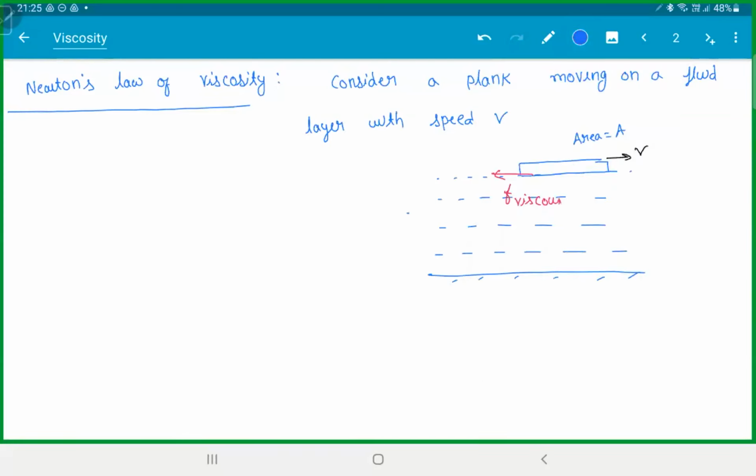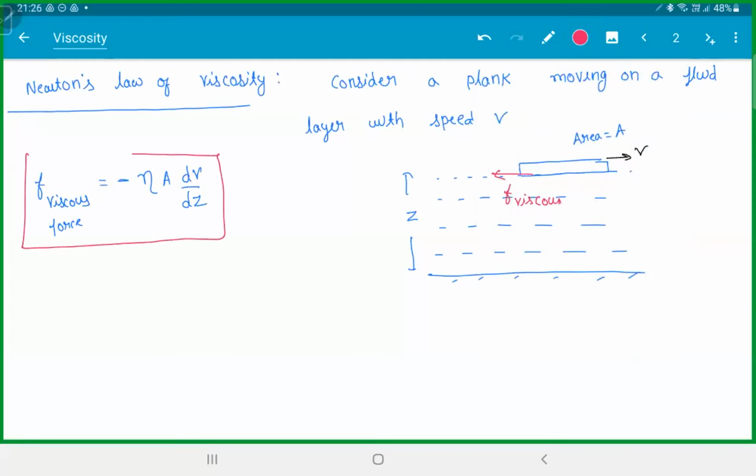And the depth of the lake is Z. So this viscous force is given by minus eta A dV by dz. This is the formula. This eta is called the coefficient of viscosity.